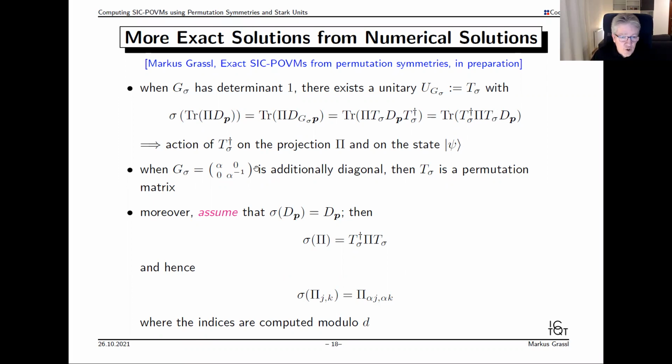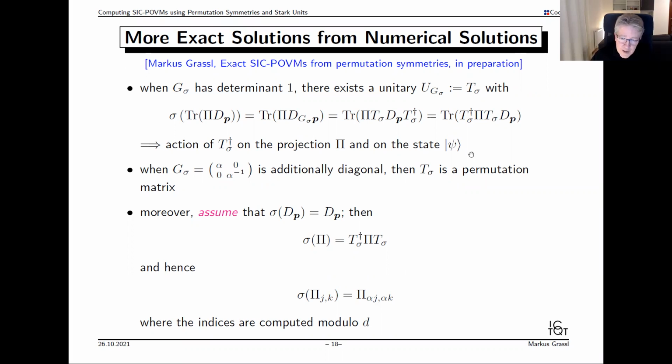Moreover, it turns out when we just look at diagonal matrices with determinant 1, then already in Markus Appleby's paper of 2005, the matrix here is just a permutation matrix.